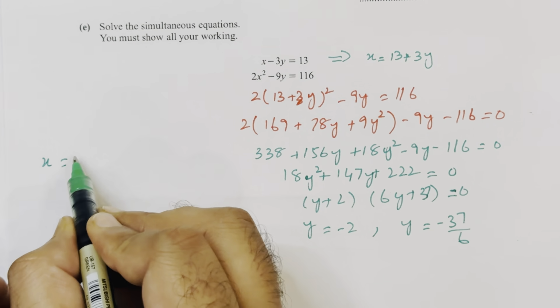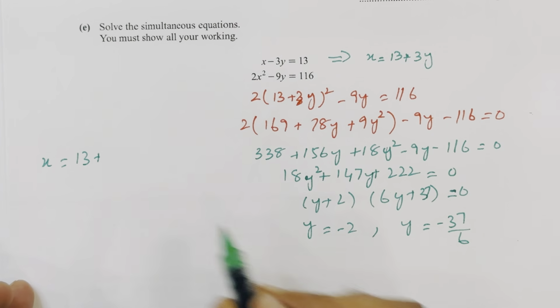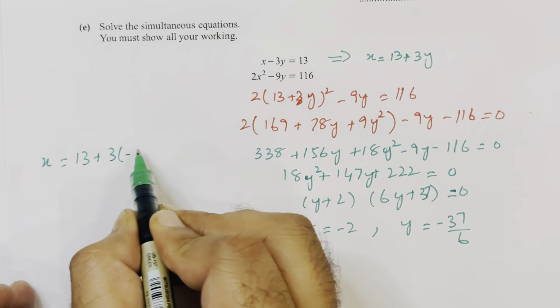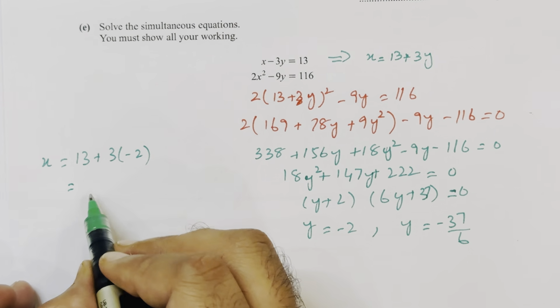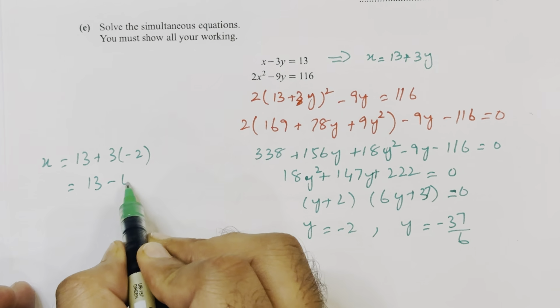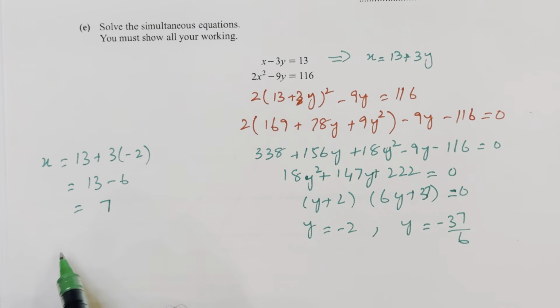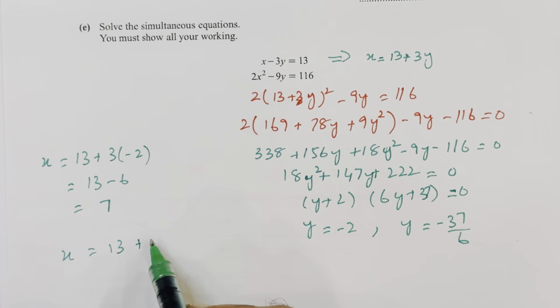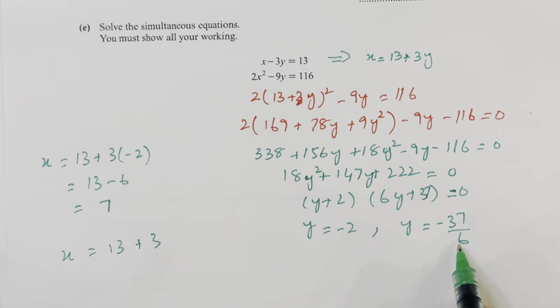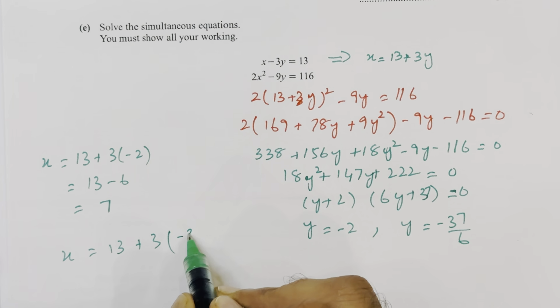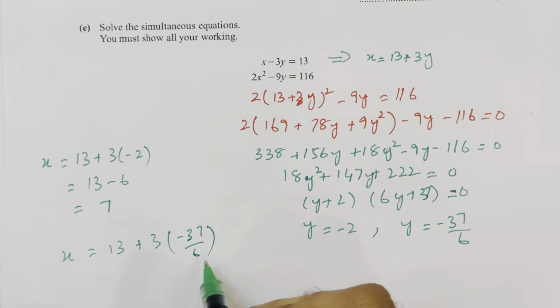So first value would be 13 plus, if we put 3 into minus 2, we get the value 13 minus 6, that is equal to 7. And next x is equal to 13 plus 3, and now we have to apply minus 37 by 6 over here.